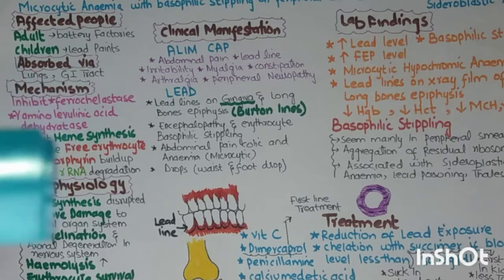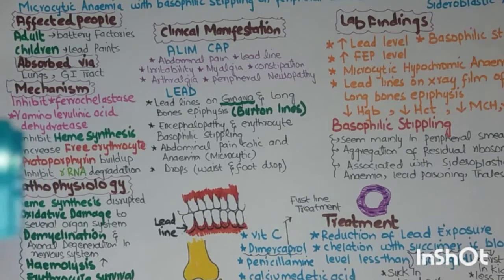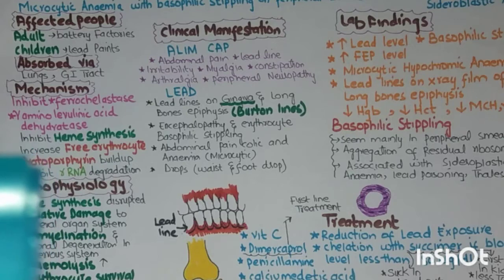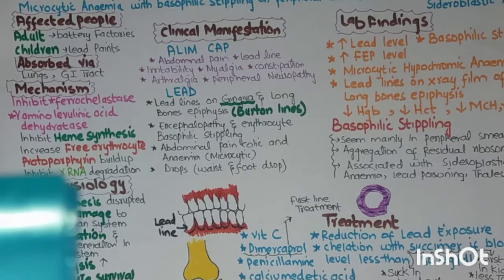When lead inhibits these enzymes, heme synthesis is inhibited and there is increased free erythrocyte porphyrin buildup. Erythrocyte is formed from heme and globin, and heme from iron and the protoporphyrin ring. So the free protoporphyrin will be increased, and it also inhibits ribosomal RNA degradation.